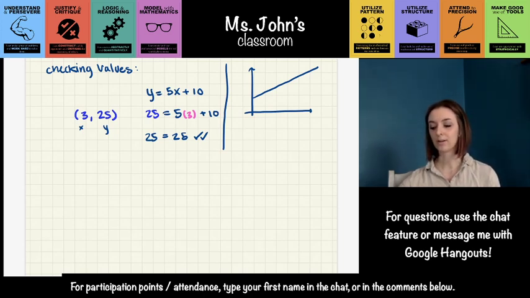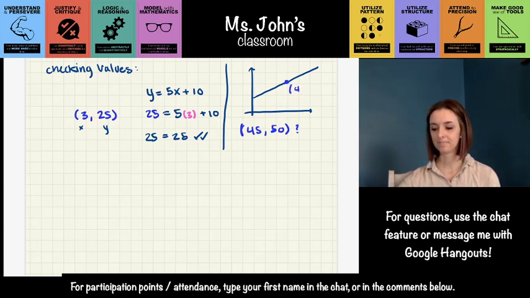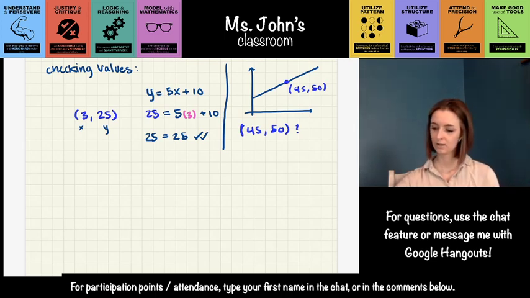So for example, if they ask, is (45, 50) on this graph, you look for that point on the graph and see if it works. If the point (45, 50) is on the graph, then that works.